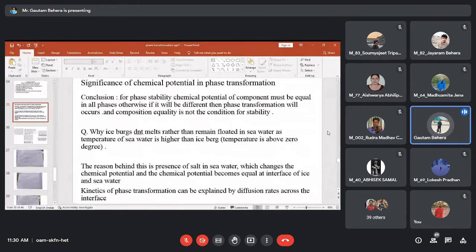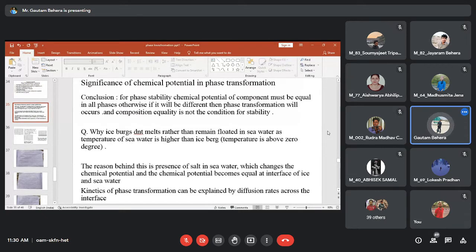At the interface of the iceberg and the seawater, the chemical potential is the same. And you understand, I told you, if the chemical potential is the same, then there will be no phase transformation. But if there is a difference in chemical potential, there may be phase transformation. The icebergs may melt into the seawater, right?